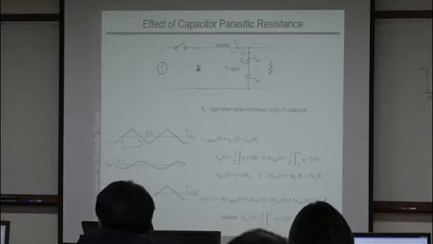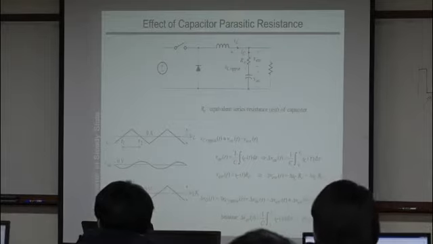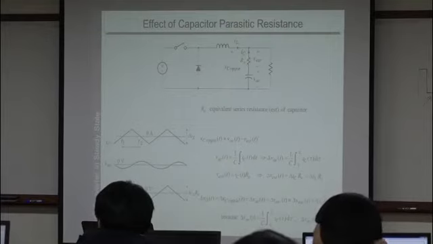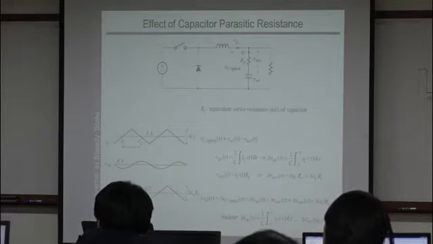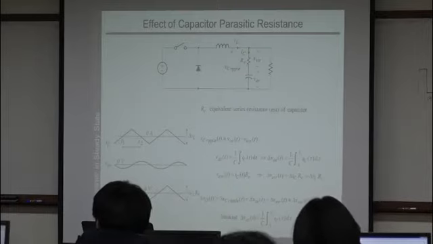We have an optimized solution. But even if you find the optimized solution, as technologies get better, your optimized solution no longer works. So that's why power electronics engineers have many jobs or many opportunities. But it's very hard.